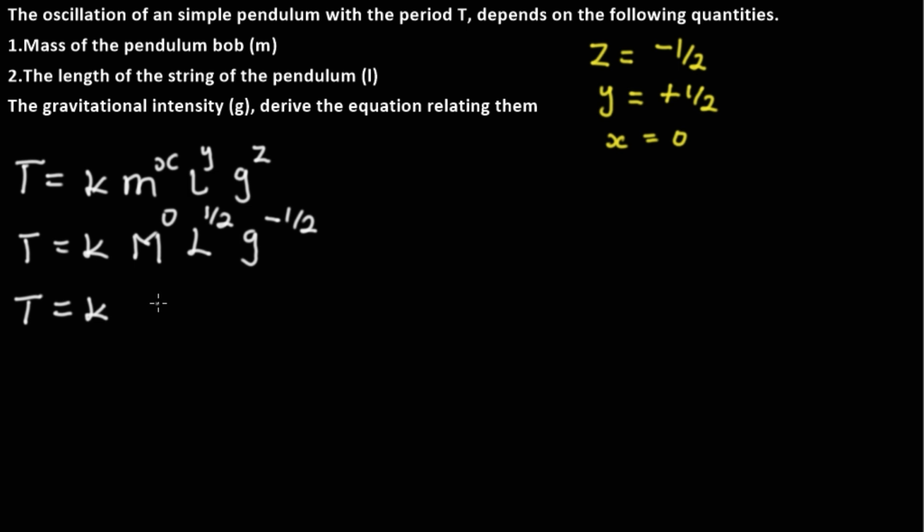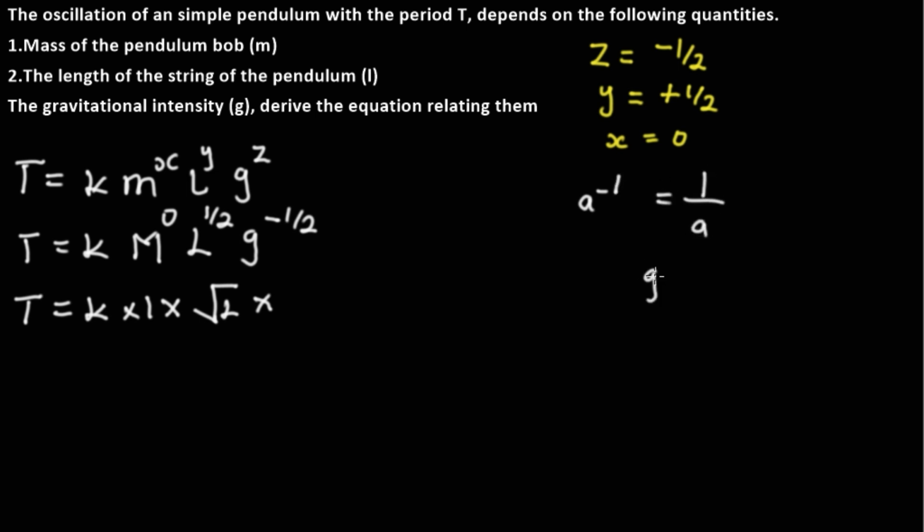We know that we have k, and m raised to 0 becomes 1, multiplied by 1, multiplied by, when it's a root sign, we're going to have a square root like this, square root of L. These symbols signify a square root. Multiplied by, you could recall in indices, a raised to power minus 1 gives us 1 all over a.